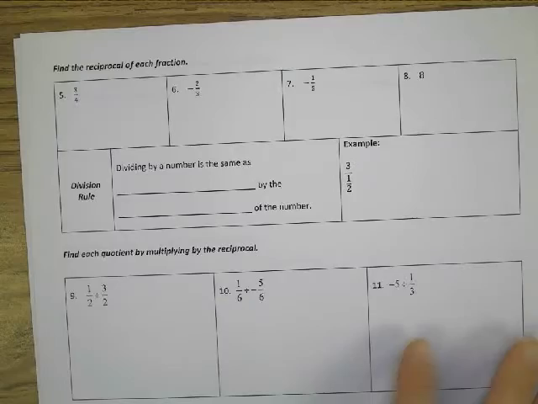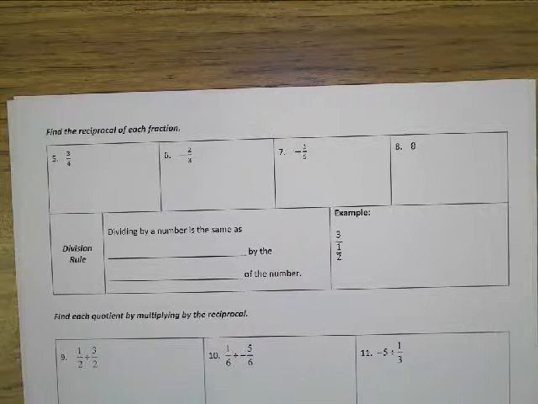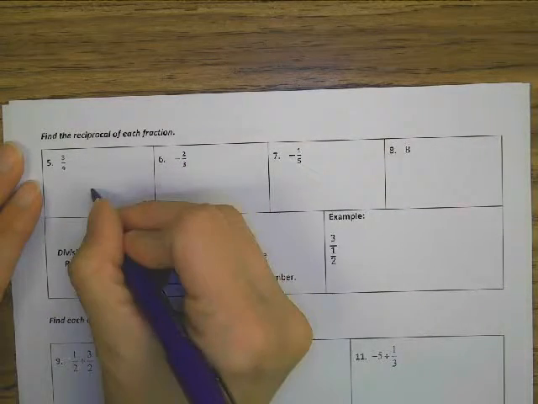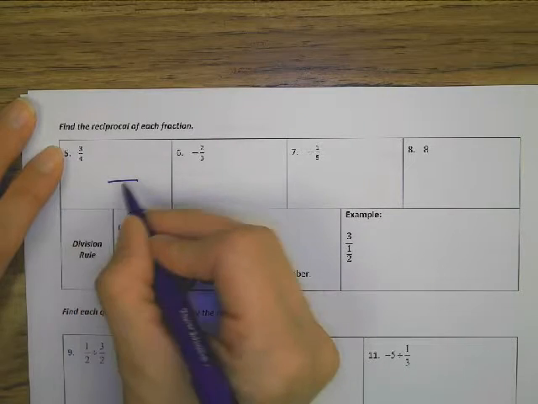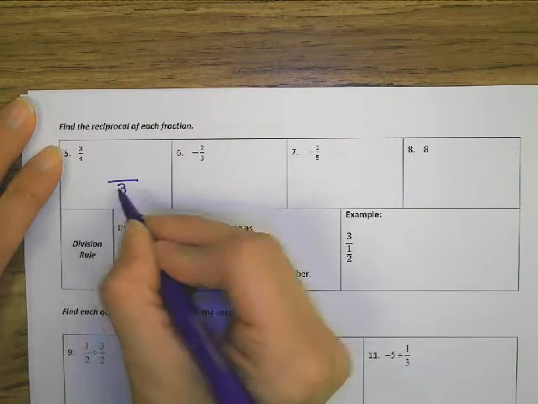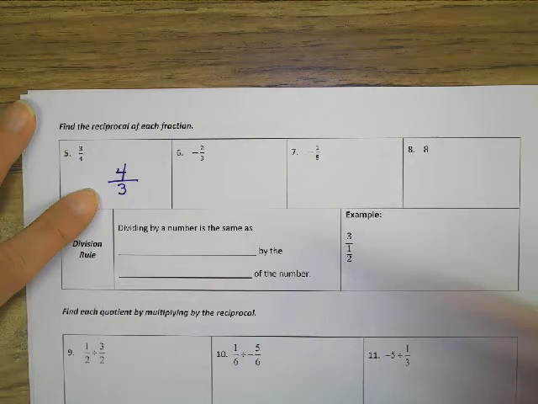Okay, so I see a fraction, 3/4. The 3 is in the top, but that needs to go on the bottom. And the 4 needs to go up the top. So my answer is 4/3. What if the fraction is negative? Okay.